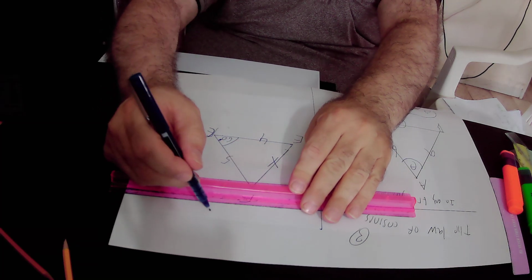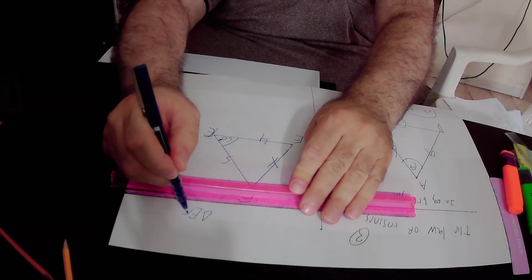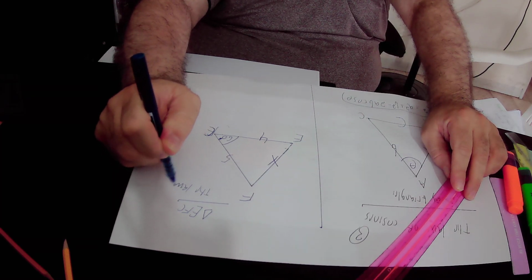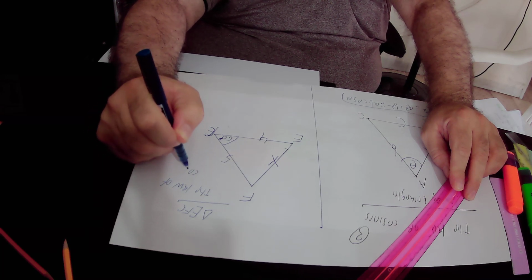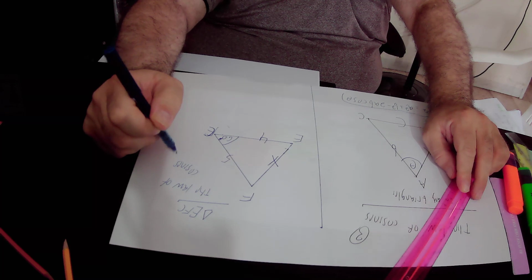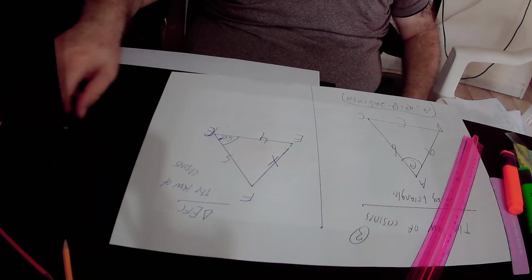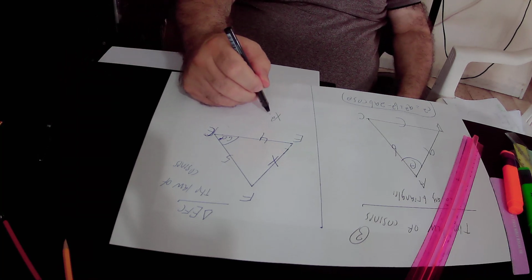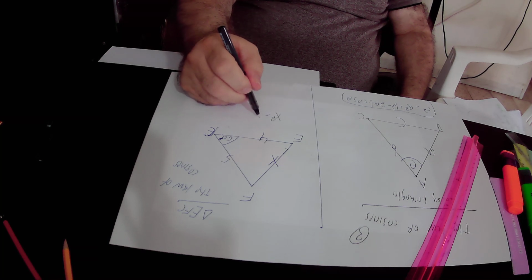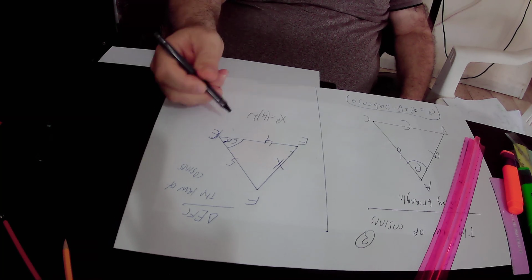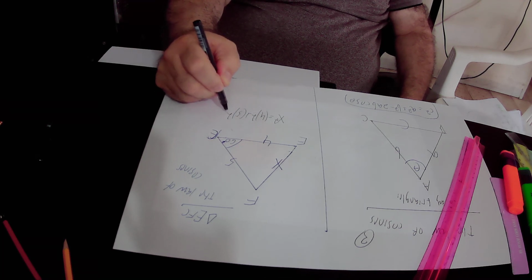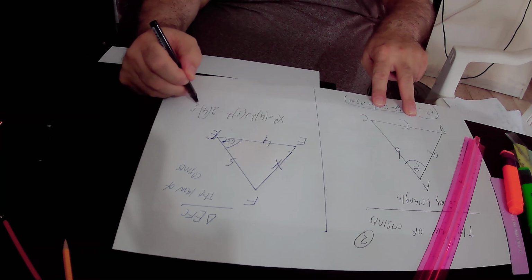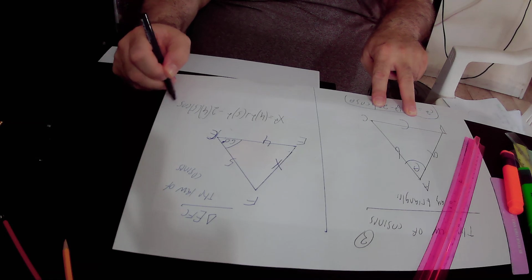So in triangle EFC, according to the law of cosines, we get that x squared equals 4 squared plus 5 squared minus 2 times 4 times 5 times cosine 60 degrees.